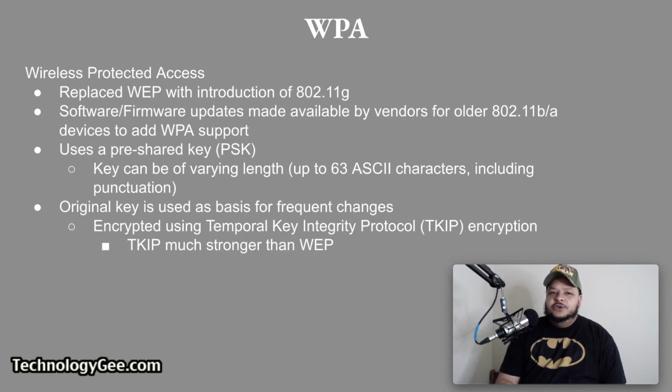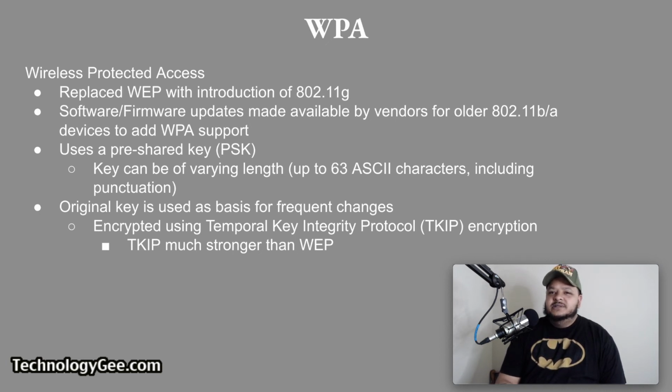Next, we have WPA. A more powerful encryption standard called Wireless Protected Access replaced WEP with the introduction of 802.11g. Software and firmware updates were made available by vendors for the older 802.11b and A devices to add WPA support.